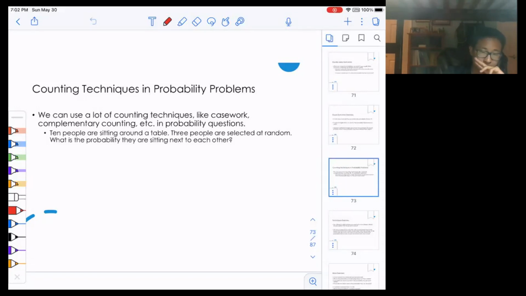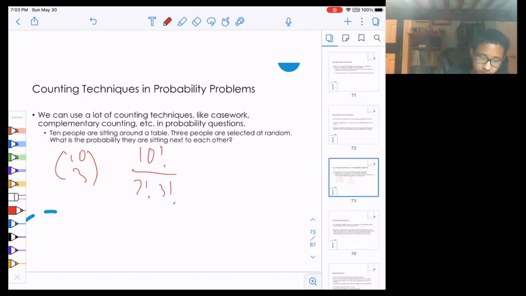Then basically how we find probability is we have to find the number of successful outcomes out of the number of total outcomes. So first we find the number of total outcomes. We do 10 choose 3 to find how many ways we can choose 3 out of 10 people.